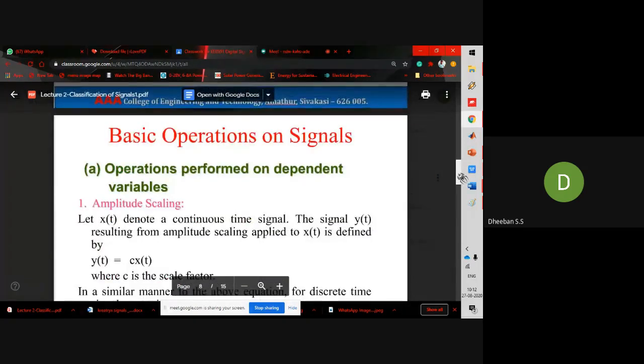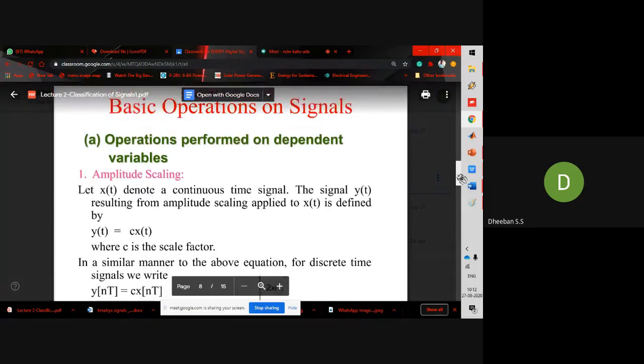Next I will be covering some simple basic operations. With these basic operations, the other part in the problems will be somewhat easier. The first operation is amplitude scaling. Amplitude scaling is very easy to understand.